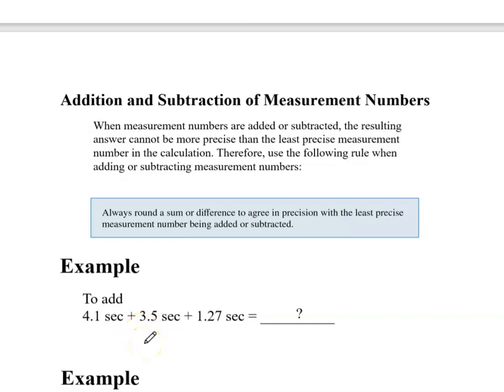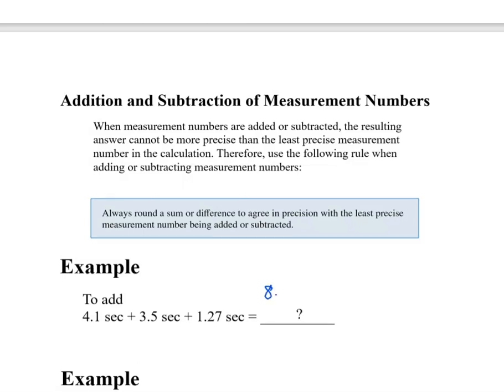So 4.1 plus 3.5 plus 1.27 gives me 8.87, but I'm going to have to round to the least precise number, so I'm going to have to round to the 8. And so my final answer would be, because the 7 is 5 or bigger, 8.9.